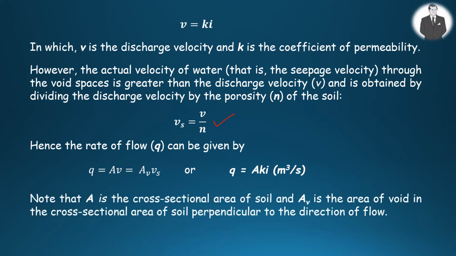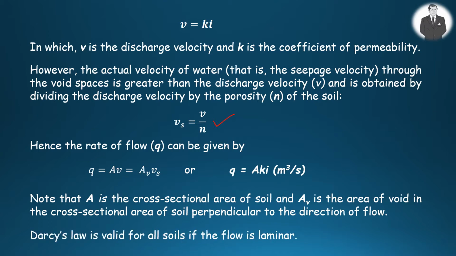In these equations, A is the cross-sectional area of soil and A sub V is the area of void in the cross-sectional area of soil perpendicular to the direction of flow. Darcy's law is valid as long as the flow of water through soil is laminar.